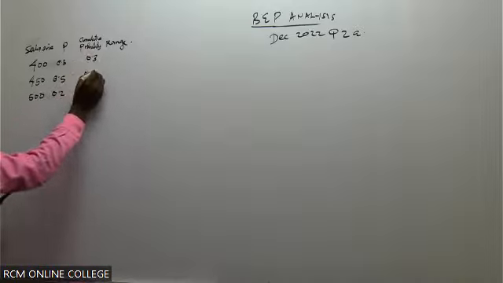Variable cost, we have 200, we have 250, we have 300. Then probability, we have 0.1, we have 0.6, we have 0.3. How about cumulative probability?